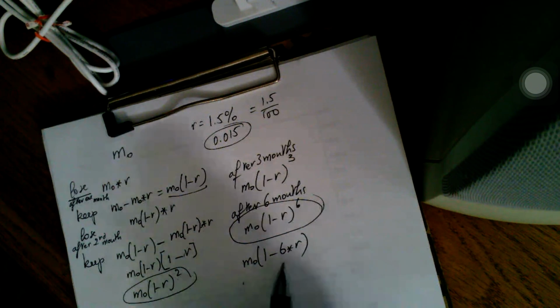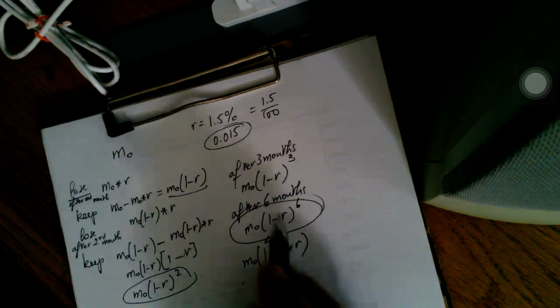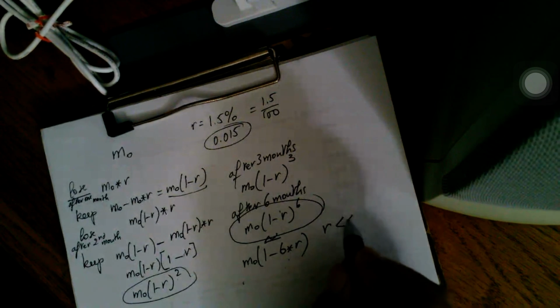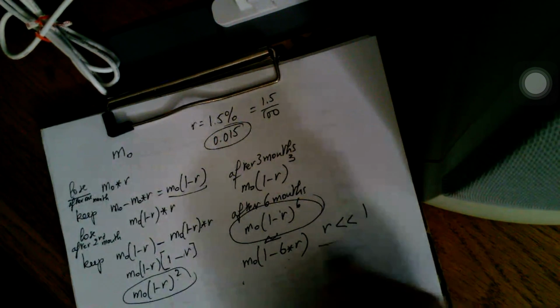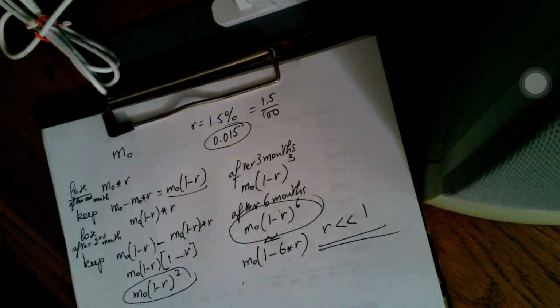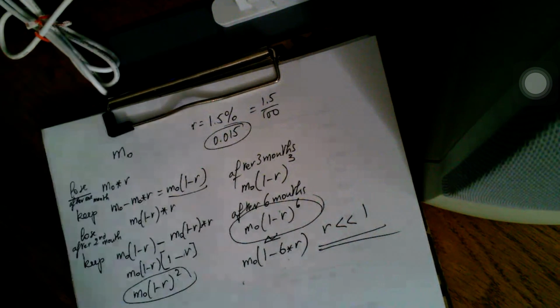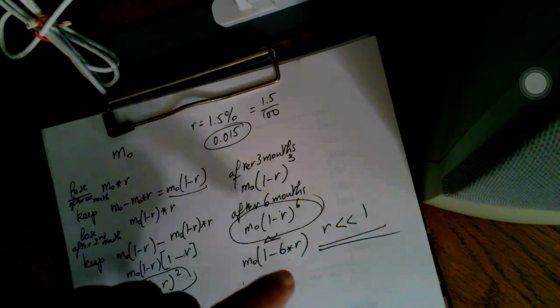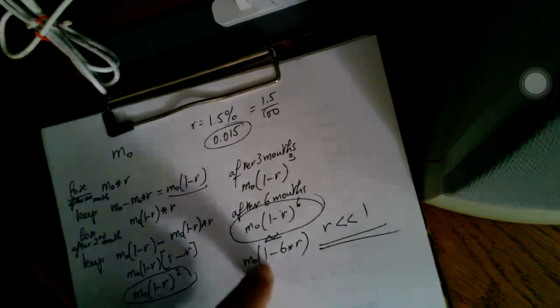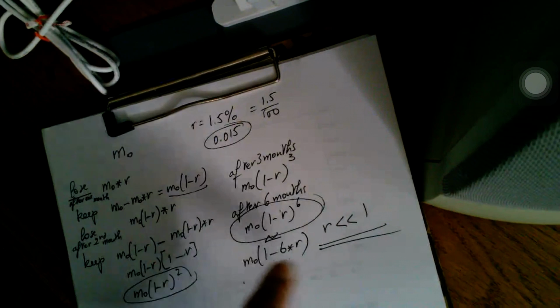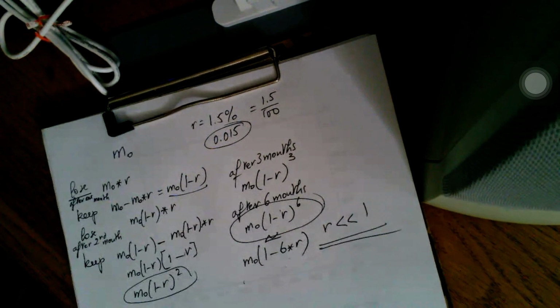However, when is this approximately equal to this? When R is very small. When R is a very, very small number, like in this case 0.015, these two are almost equal. But I still would take points off for this one because this is not the general expression unless you can prove that this is true.